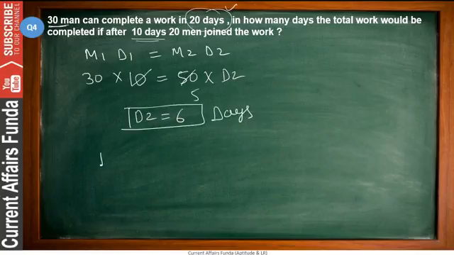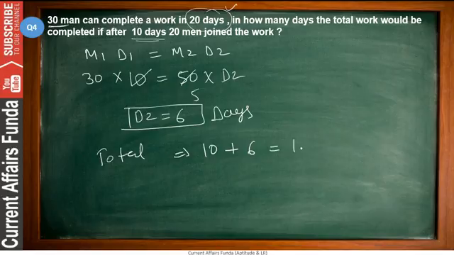Okay, so friends, total work, because 10 days have passed, that means 10 plus 6 will be 16 days. So these are basically 2 ways you can solve, either that way or this way.